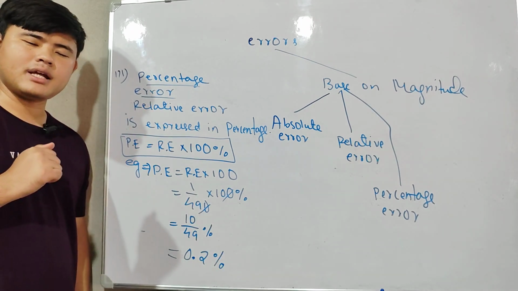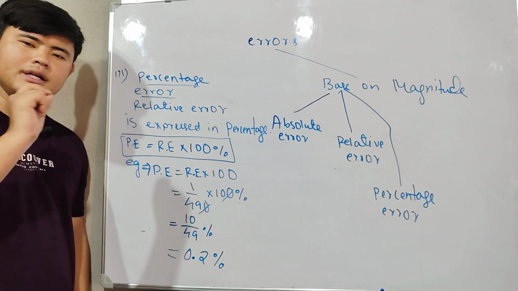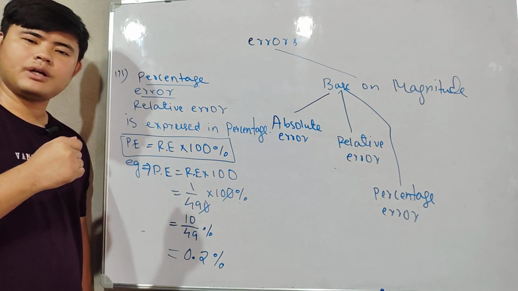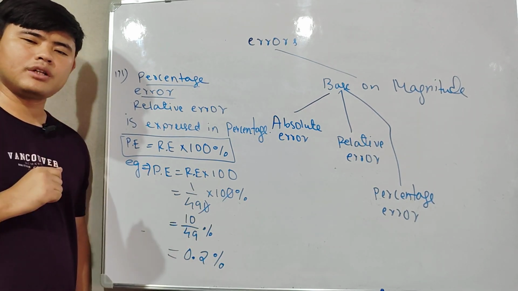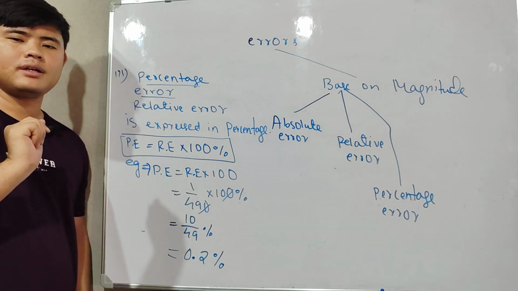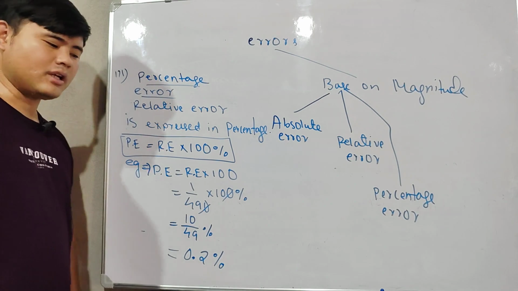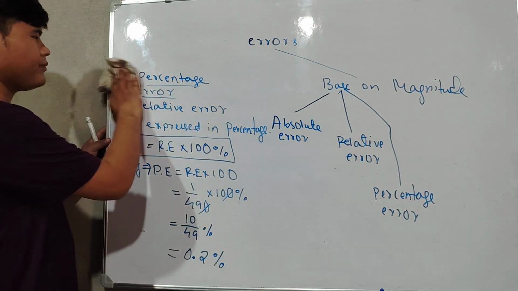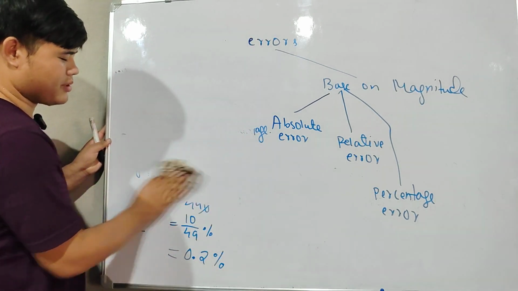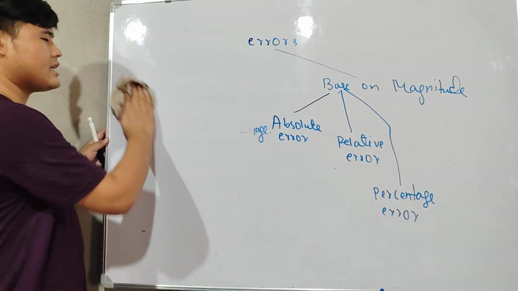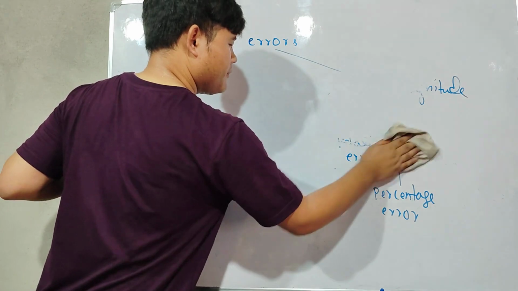The measurement is there with us, right? The time period is the measurement. It is with us, but the true value is not there. So you will find their mean, and that mean will be the true value. Let's do that after this, and you will understand better. So let's do that question.